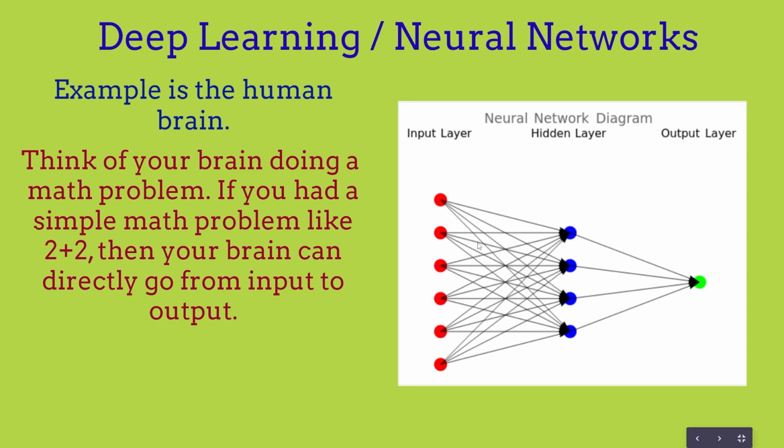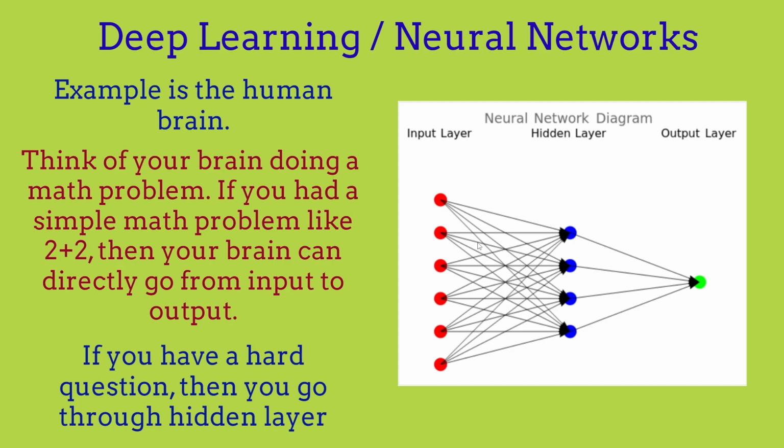However, if you had a harder math problem that needed multiple steps, your brain would start off in the input layer, which is the A variable. Then it goes to a different layer, called the hidden layer, because it first solves a little portion of it. Then it goes to another portion, another hidden layer, and finally it gives you the answer at the end. So you can think of deep learning as multiple different steps that you take, and the example we use is the human brain.